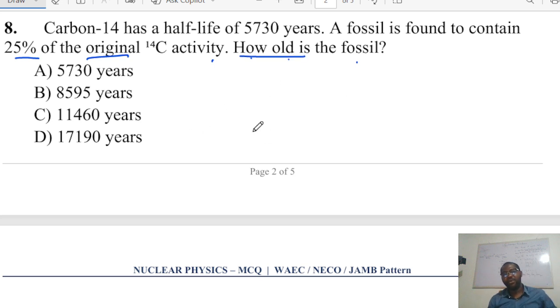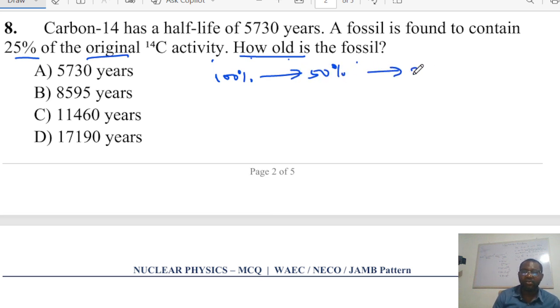First of all, we know the number of half-lives. We start with 100%, because we are given it in terms of percentage. When you divide that by 2, you get 50%. You divide that by 2, you get 25%. So we only have 2 half-lives.